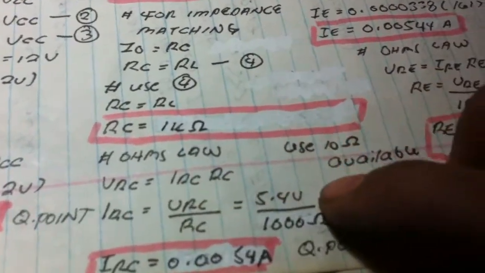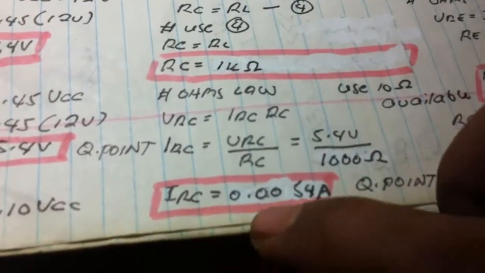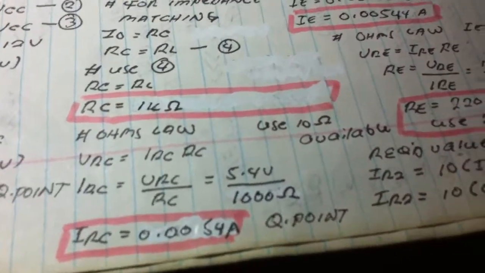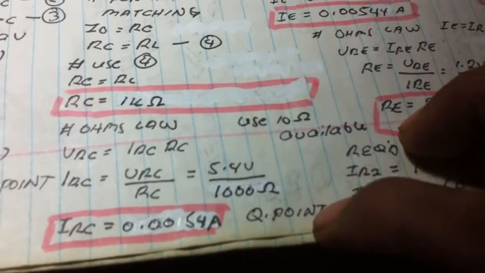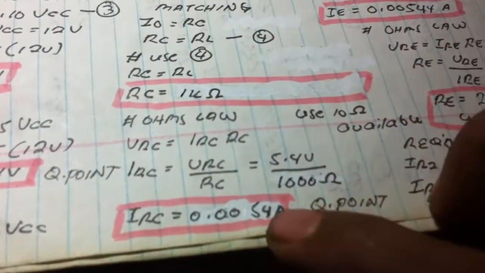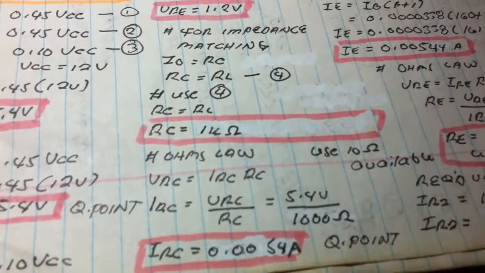By transposition and substitution, we know the values, and the current is now 0.0054 ampere. That is now the operating point of the transistor, the collector current IC, which is 0.0054 ampere.